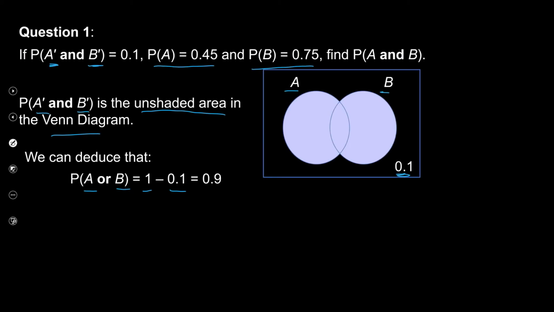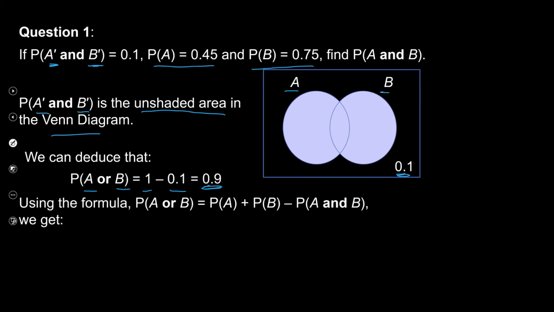If outside is 0.1, then inside is what? It's 0.9. Okay. Then we can use this formula. This formula will be given to you: the probability of A or B is the same as the probability of A plus the probability of B, minus the intersection. Are we all together?